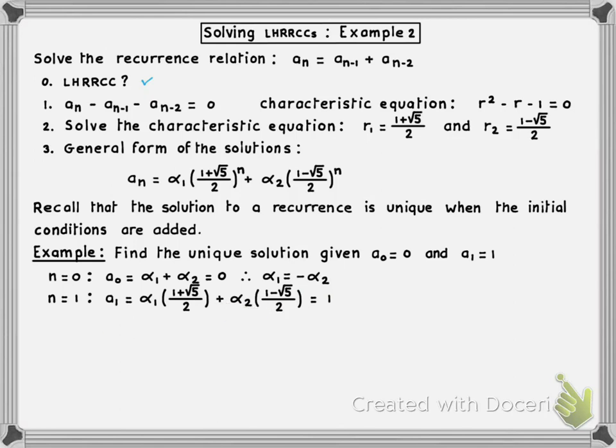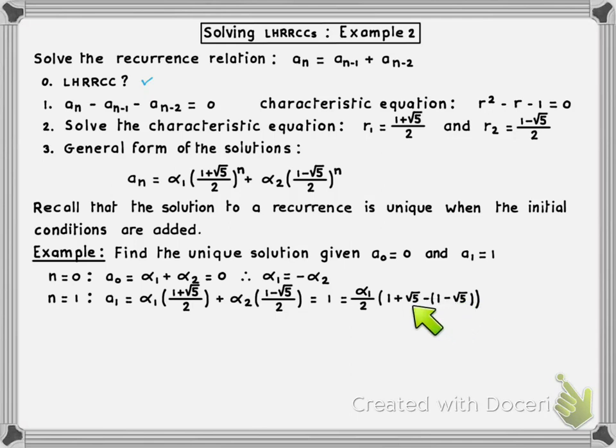Then we can factor out the alpha 1 over 2, and what is left is 1 plus square root of 5 minus, and this became a minus, 1 minus square root of 5. So what's going to happen is 1 minus 1 cancel out, and minus square root of 5 becomes plus square root of 5.